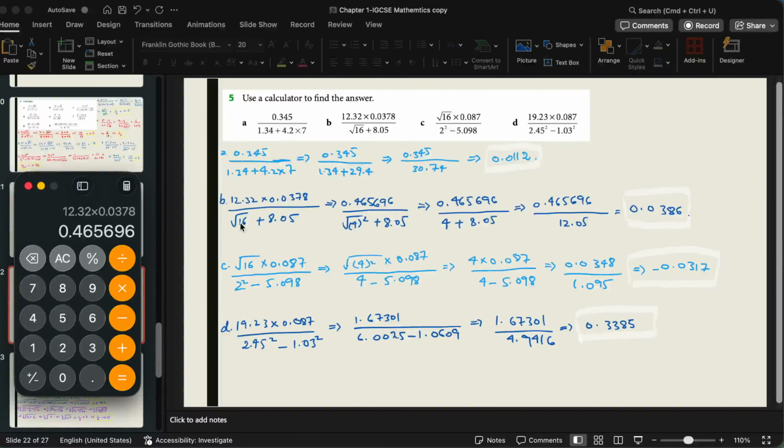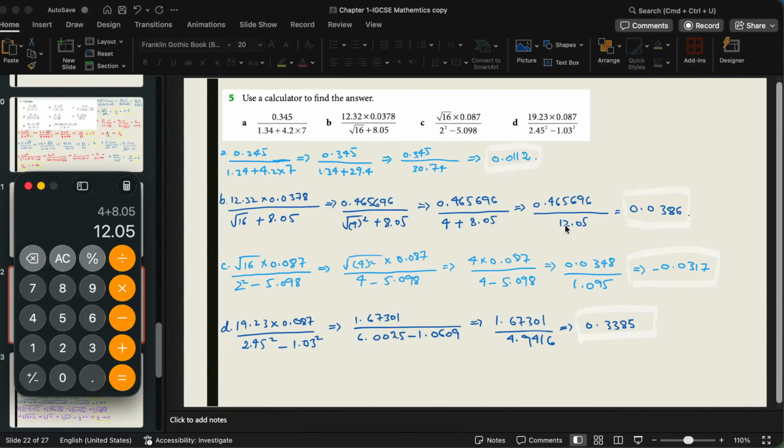In the denominator we have the square root of 16. We can write it as 4 squared under the root, where the square will get cancelled with the root and you will be left with 4 plus 8.05. So 4 plus 8.05 equals 12.05.